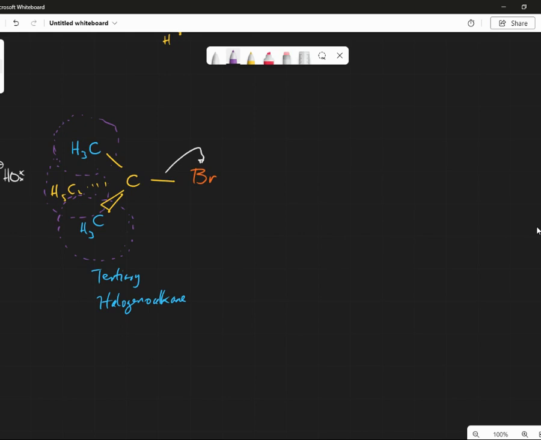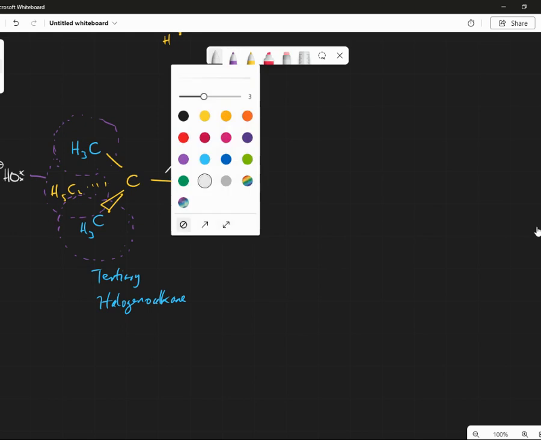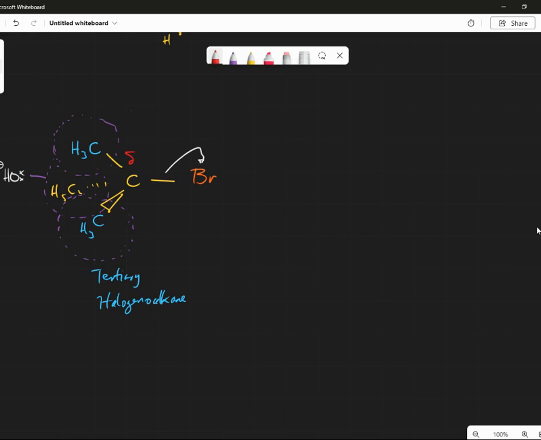It tries to attack the delta positive, but it can't get through. Can you see there's stuff in the way? It wants to go in, but there's stuff in the way. Are we happy with that? Are we good? Excellent.